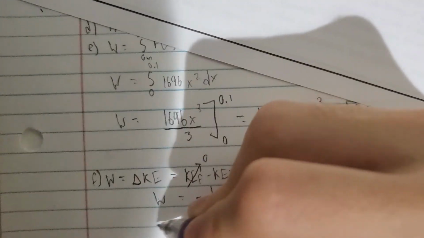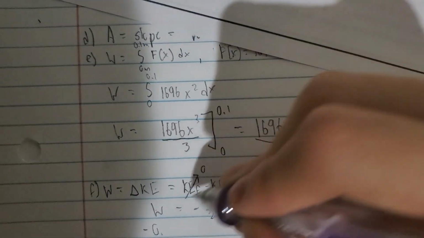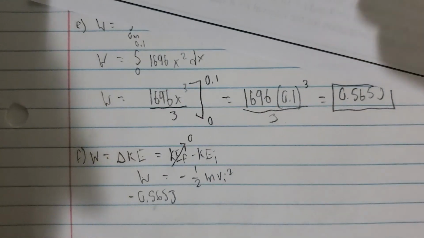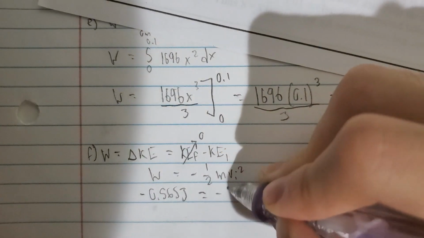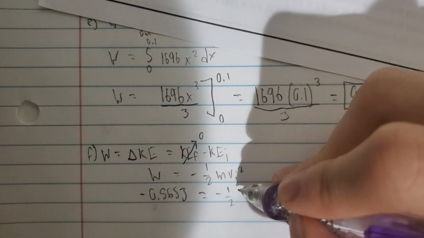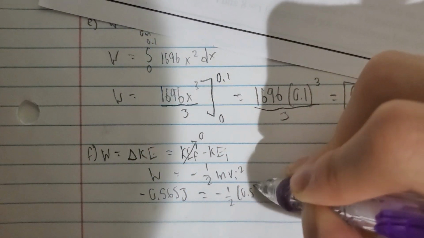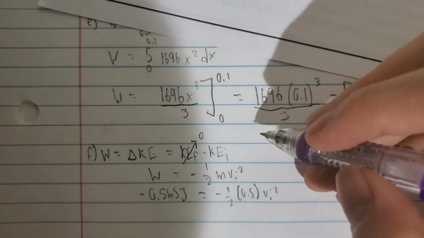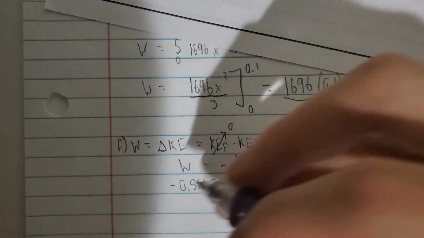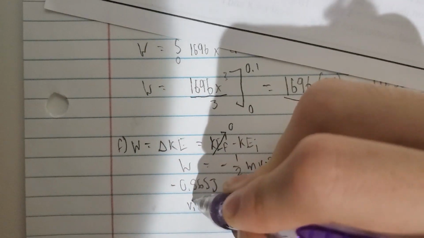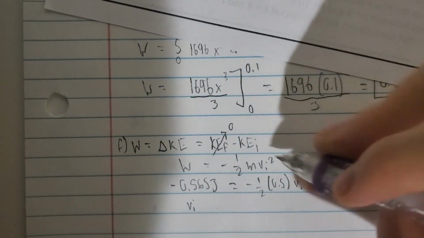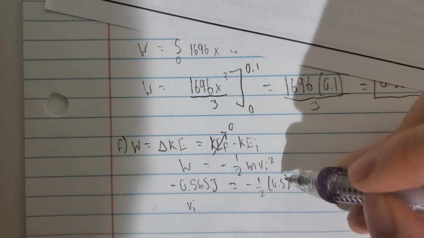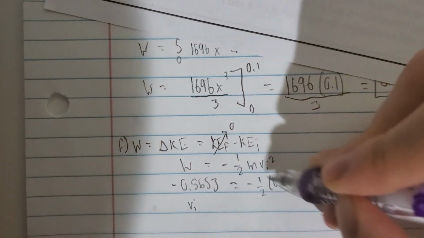So I'm going to plug in my numbers. This is -0.565 joules. Negative this number is equal to -1/2. Mass is 0.5 kilograms, the cart. And then Vi squared is what we're trying to find. So if I isolate for Vi, I'm going to have to multiply by -2 over here and then divide by 0.5 and then square root everything.